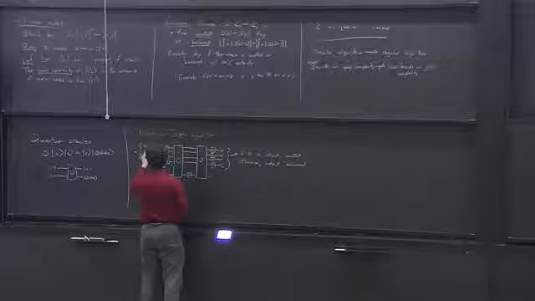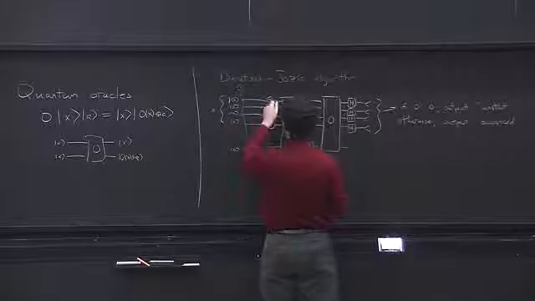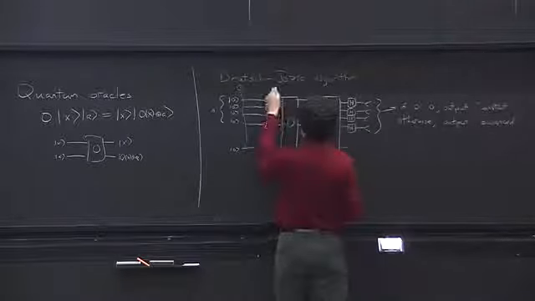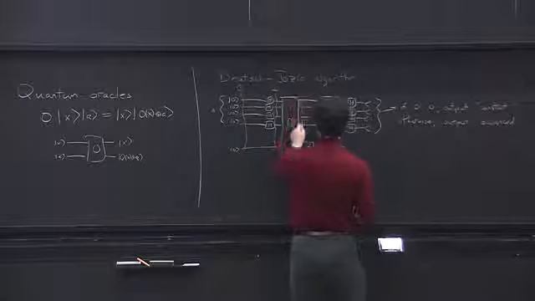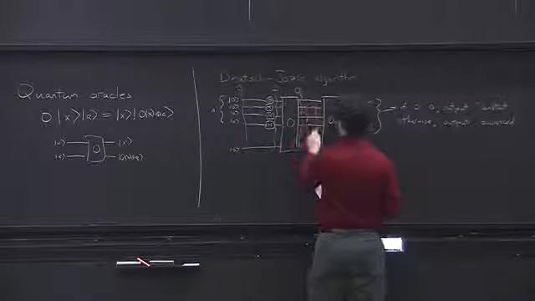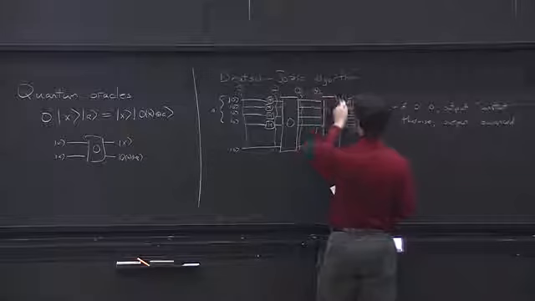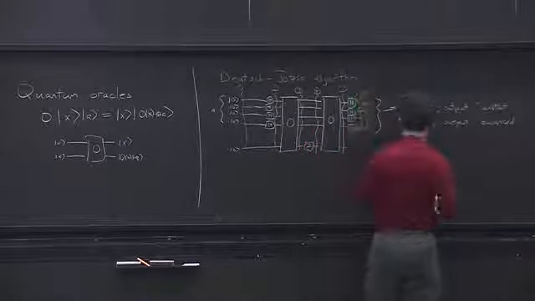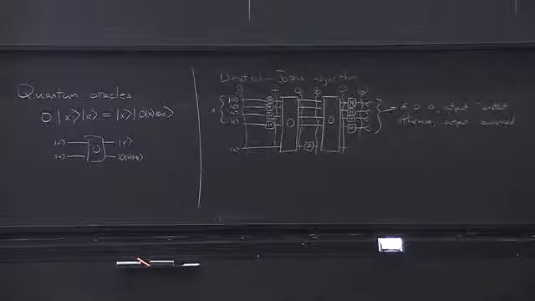Okay, so here we have step 1, step 2, step 3, step 4, step 5, step 6. Let's go through and figure out what happens in the circuit at each time step.